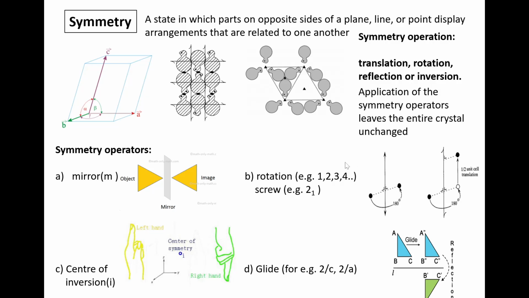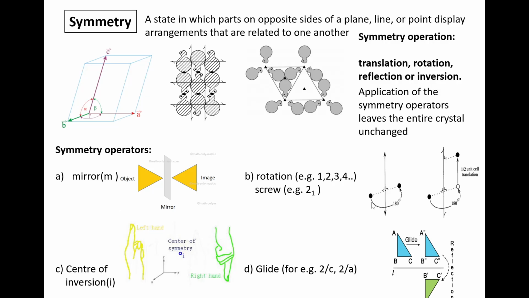Now, if you consider a six-fold rotation, each and every object will be related to one another by a 60-degree angle. So if you find this object and its coordinates, and take a 60-degree rotation, you will find another object.